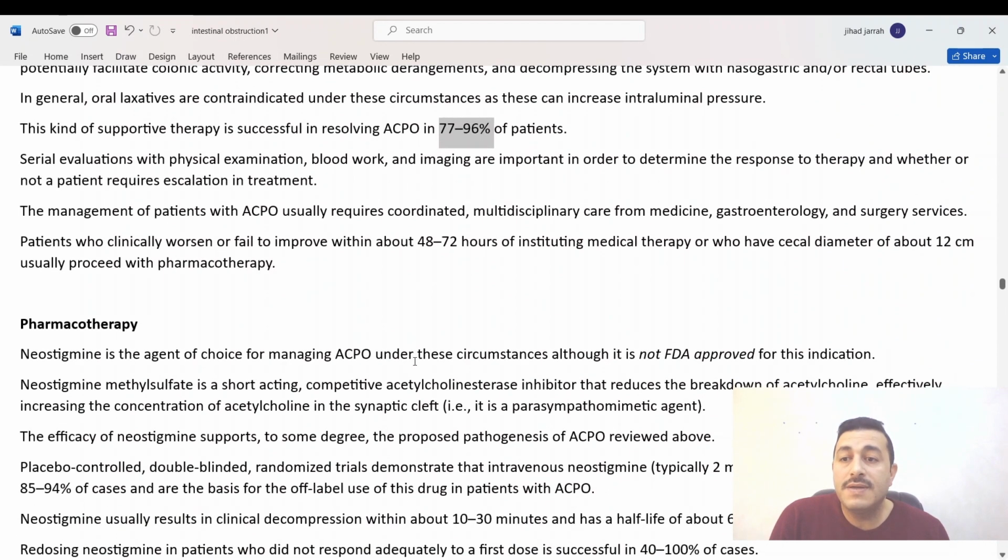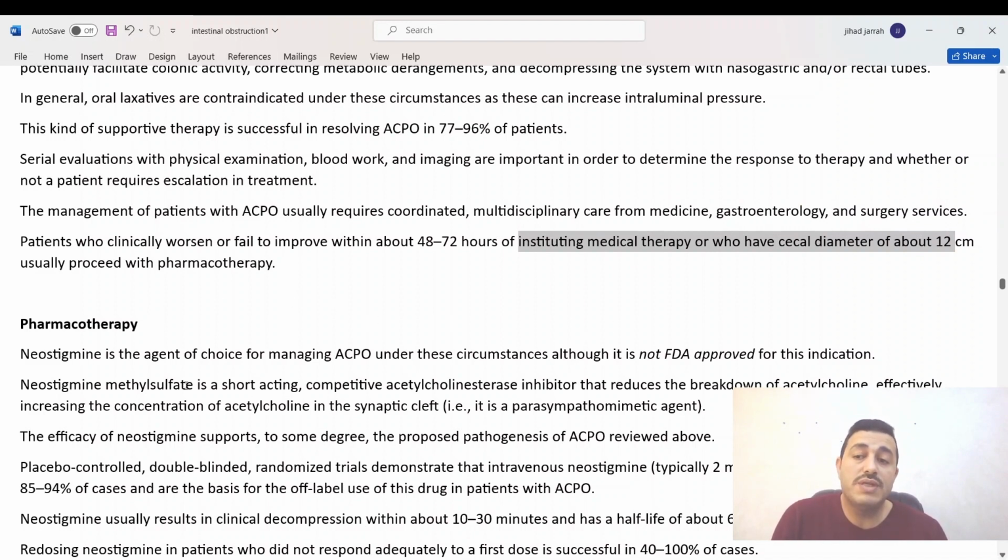What else? When can we proceed to what we call the pharmacological treatment? It's actually neostigmine, as we will see. We say we failed medical or conservative treatment when there is a failure to improve within 2 to 3 days, plus a cecal diameter of about 12 centimeters and above.